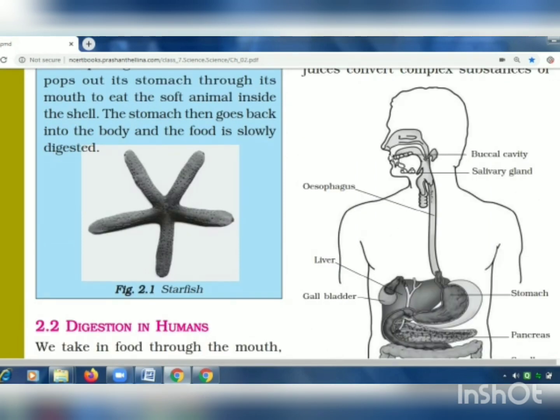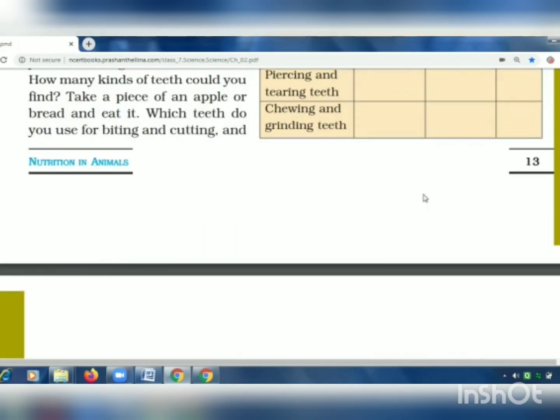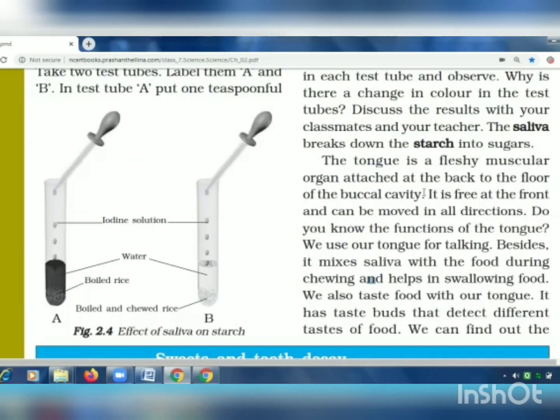So this is the buccal cavity, and at the end of this buccal cavity, our tongue is attached, fixed at that part. It is free at the front. We know that our tongue is free at the front side, and that is why we can move it in all directions.